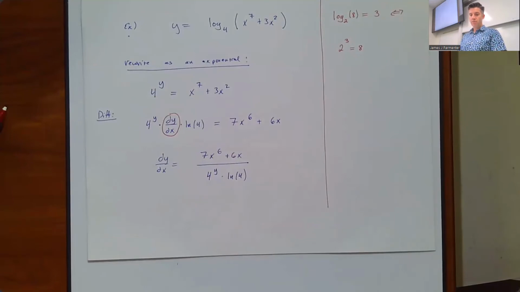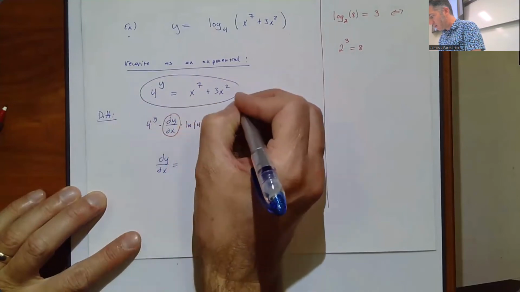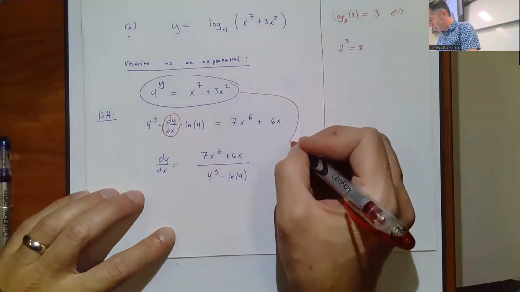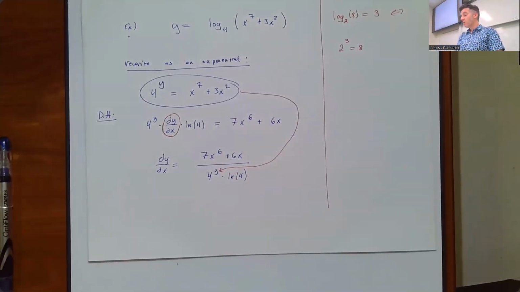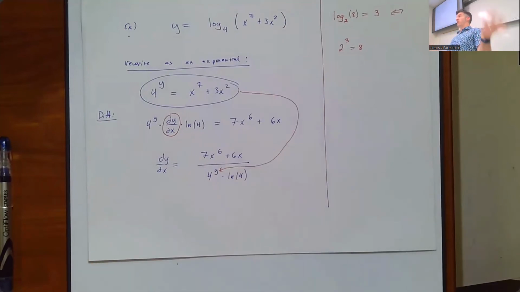But wait, 4 to the y is what this is equal to. So all of that gets to go down and replace what 4 to the y is. So here's the thing. This is actually kind of important. If you're starting off with y as a function of x, your derivative better be in terms of just x.